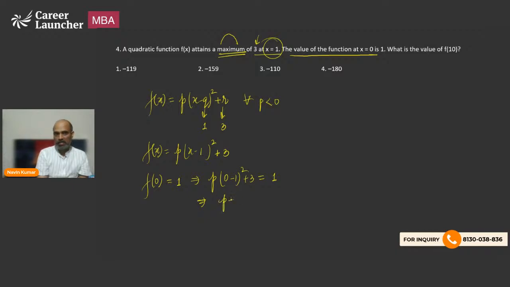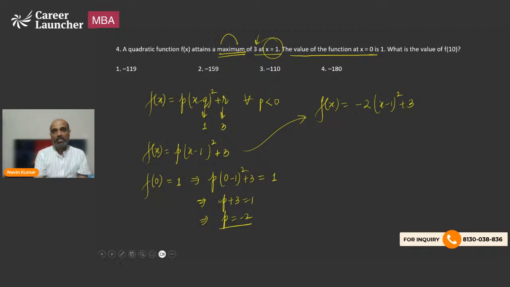So p plus 3 is equal to 1, or this will result in p is equal to minus 2. See, p automatically turns out to be negative. So we do not have to write p as minus already. Now, since we know what p is as well, we can finally say that the polynomial is minus 2 times (x minus 1) whole square plus 3.